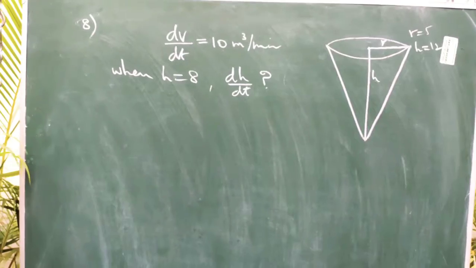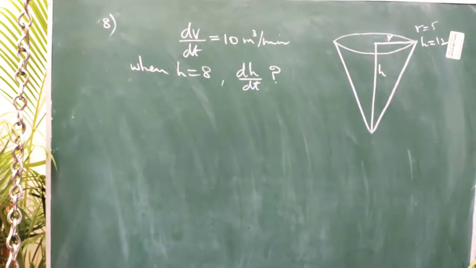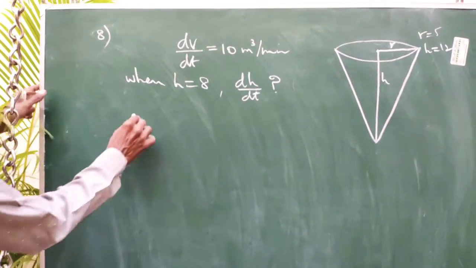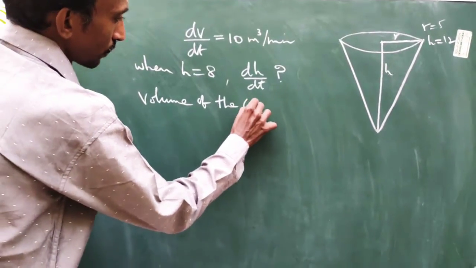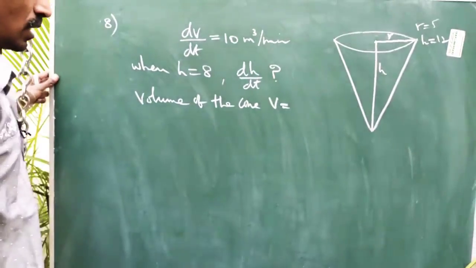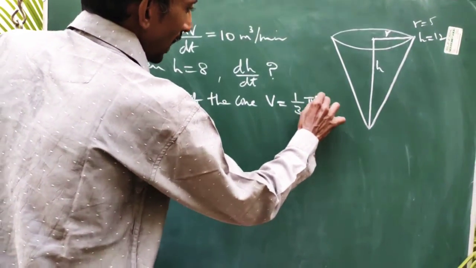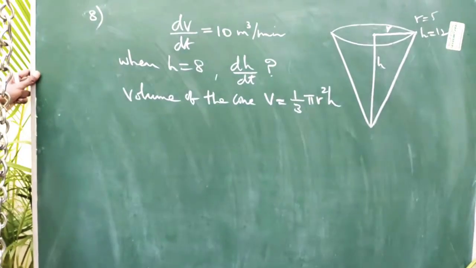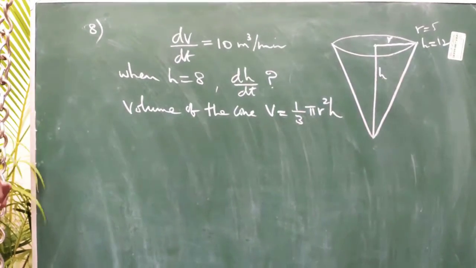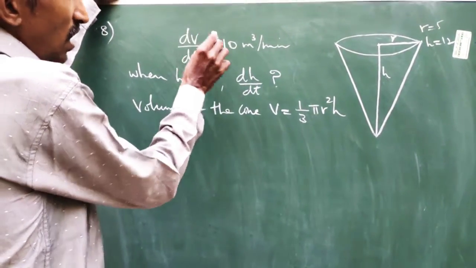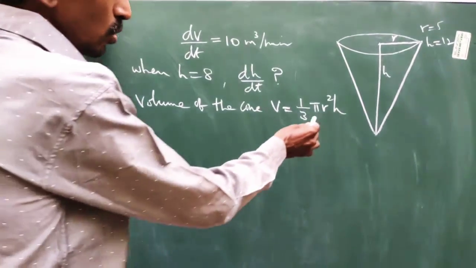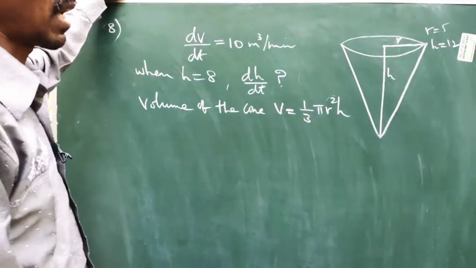I think you all know the formula for the volume of the cone. Volume of the cone, V equals 1 by 3 pi r square h. My dear students, here we are involving only volume and the height, so we have to replace r in terms of h.